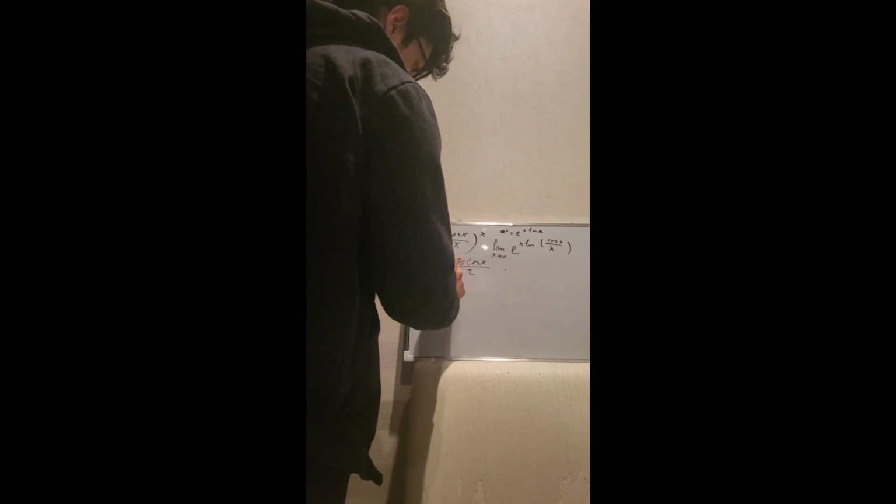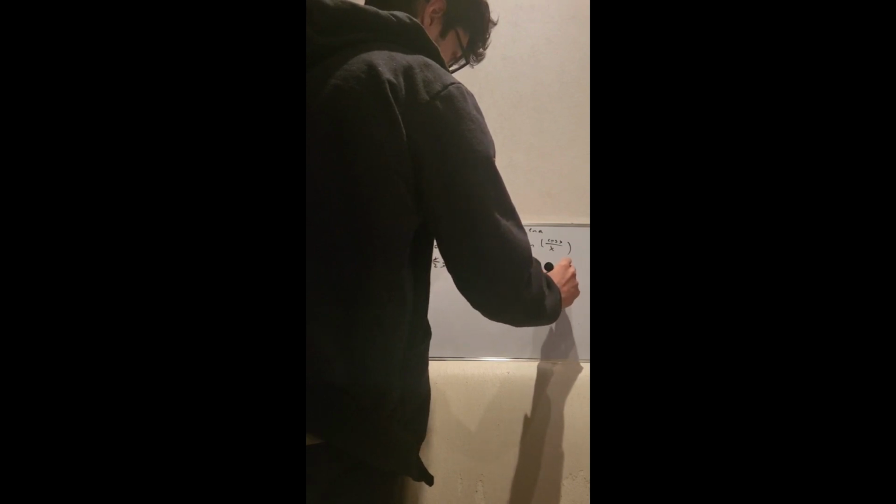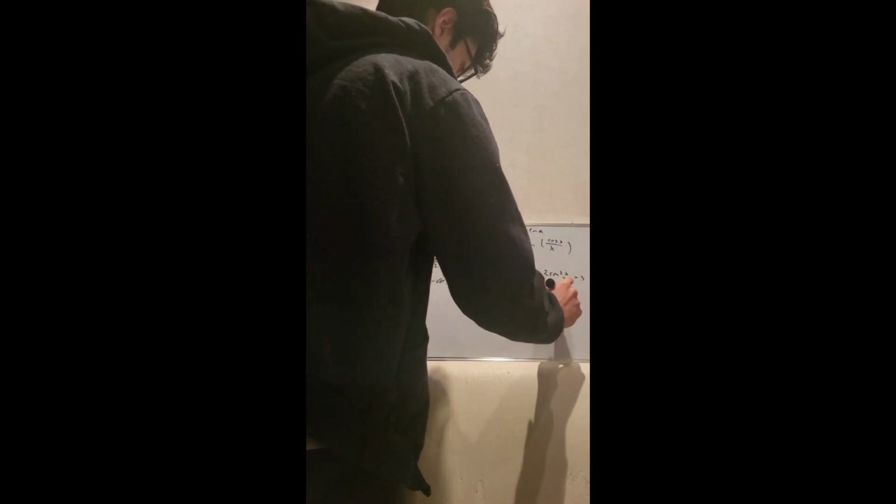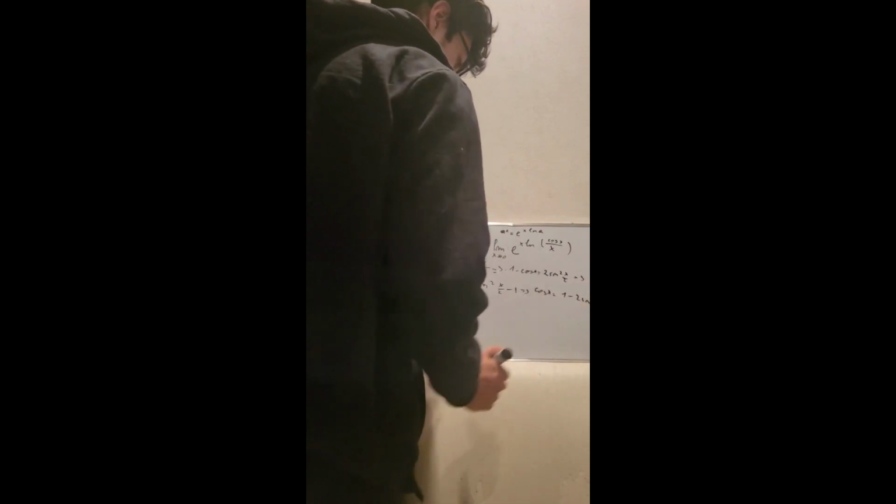So here we are going to have 1 minus cosine x equals 2 sine square x over 2. So minus cosine x equals 2 sine square x over 2 minus 1, and cosine x is going to be 1 minus 2 sine square x over 2. So we can replace cosine x by this.